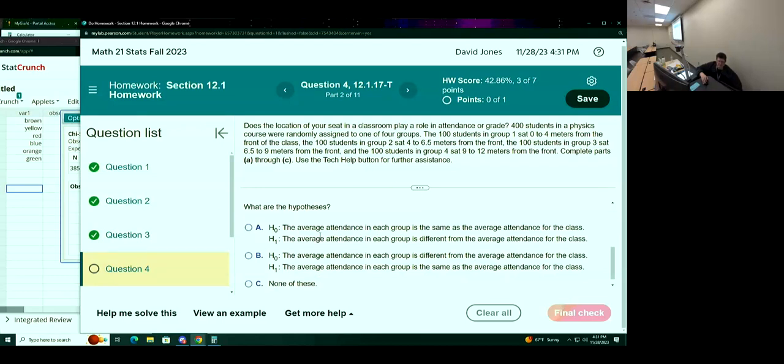And so the hypothesis should be that the average attendance in each group is the same for H naught, and then it's different for HA.